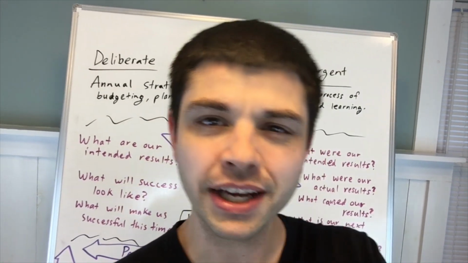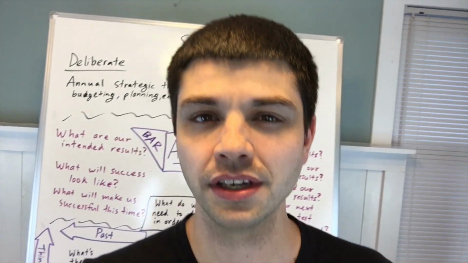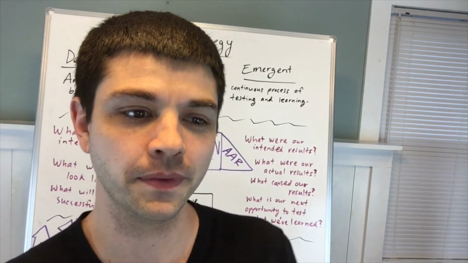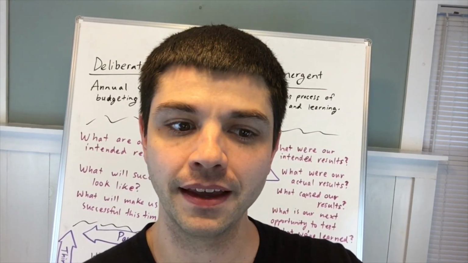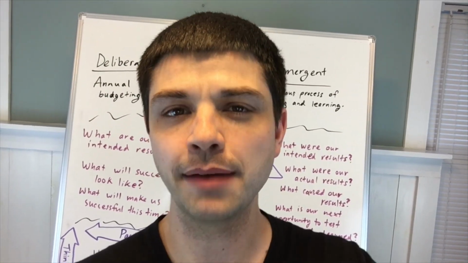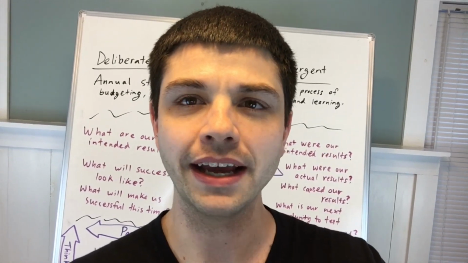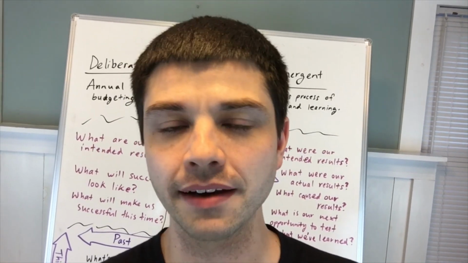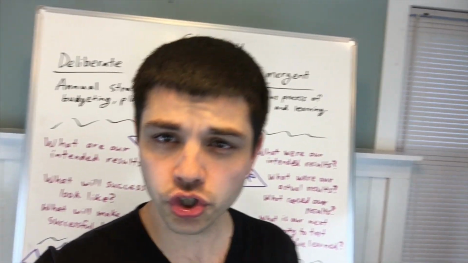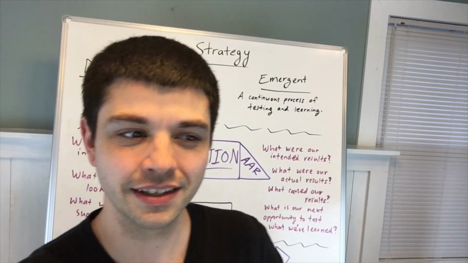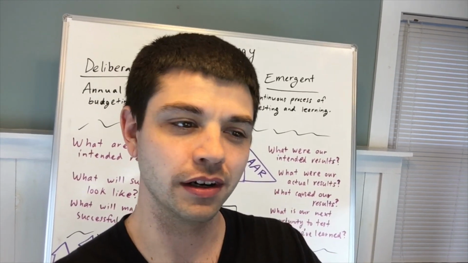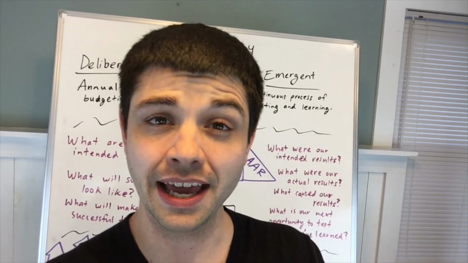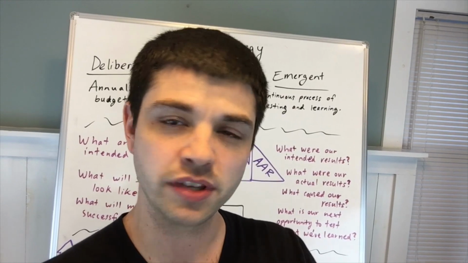Now, to break it down and put it into much simpler terms, a deliberate strategy is one where you make the plan and then you try to do the plan that you made. And then after a certain period of time that you decided on, you go back and you're like, okay, let's make a new plan. Whereas an emergent strategy is more like you have a guess or a hypothesis or a very small plan and you tell people about it.